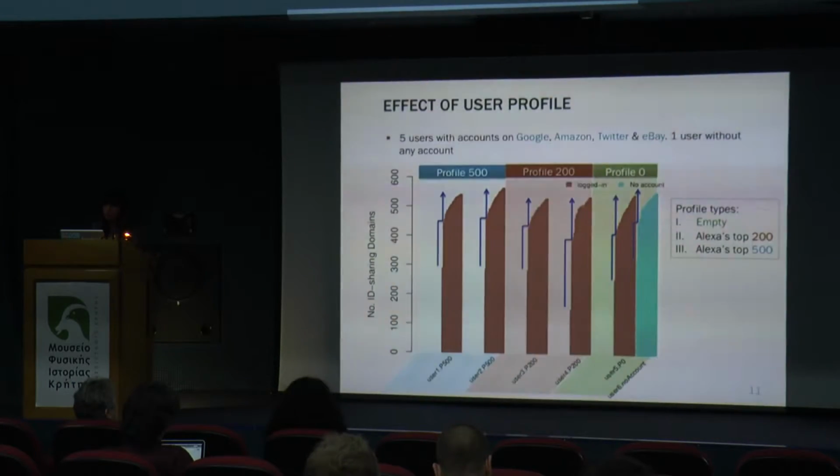Interestingly, for the user that didn't have any previous browsing history, there is a minimal difference between the first and second iteration, and in the first iteration the number of ID sharing domains is considerably higher than for the other user profiles.